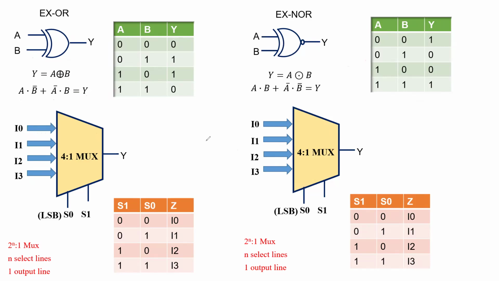Maybe the task for you here is to show how you can use a 2:1 MUX to implement two input logic gates such as AND, OR, NAND, NOR, XOR, and XNOR.